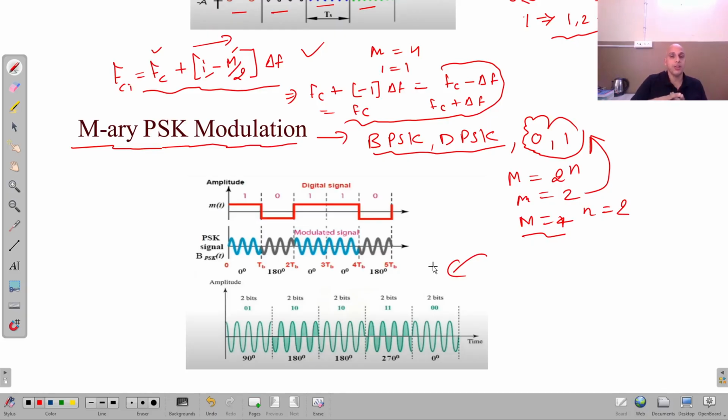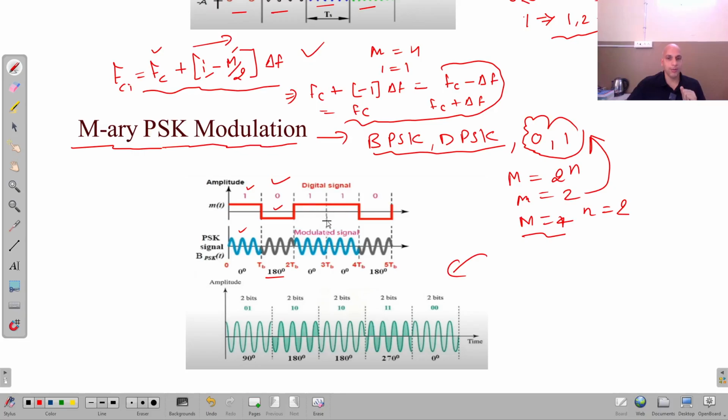So in this M-ary phase shift keying modulation, we are going to use multiple levels of the phase angles for the high frequency carrier wave instead of taking only two angles, right? You can see here this is the simple BPSK. Here 1 corresponds to this. When we take 0, there is a change of 180 degrees in the phase.